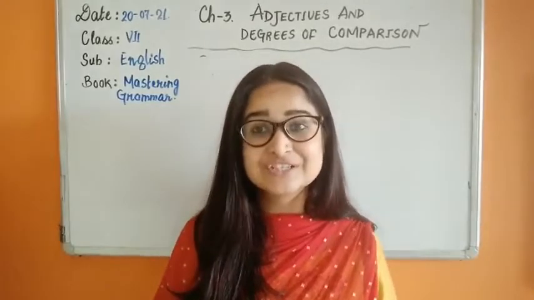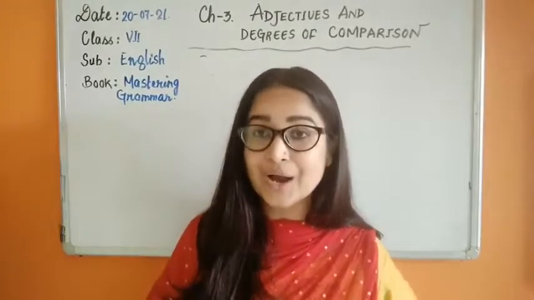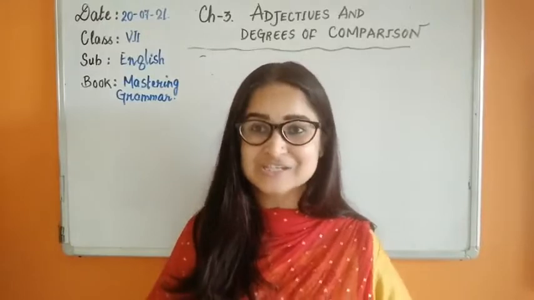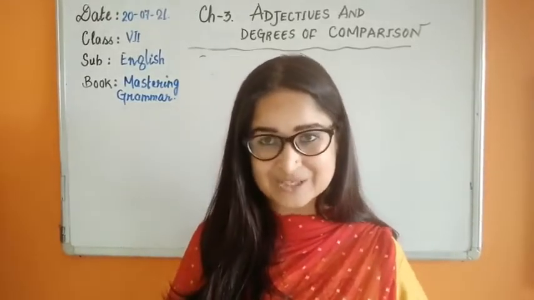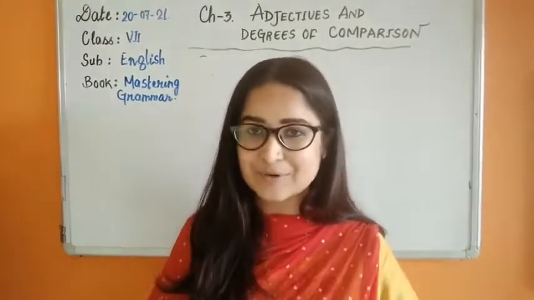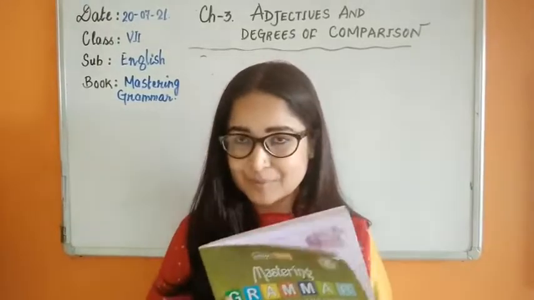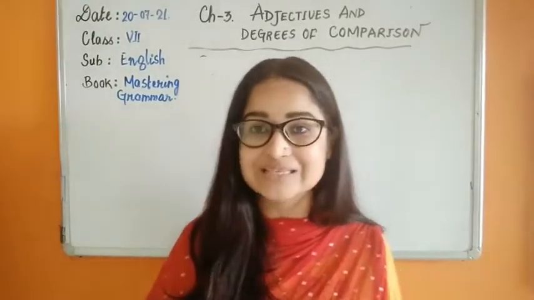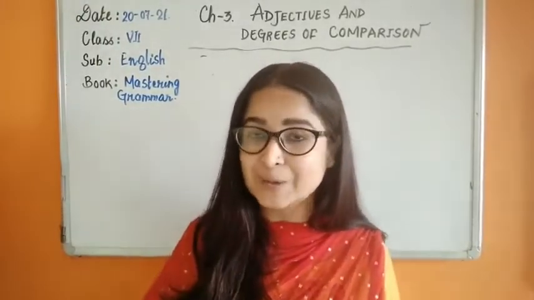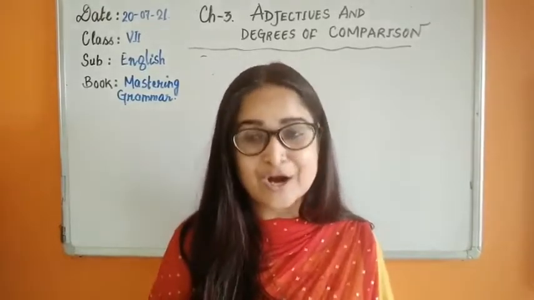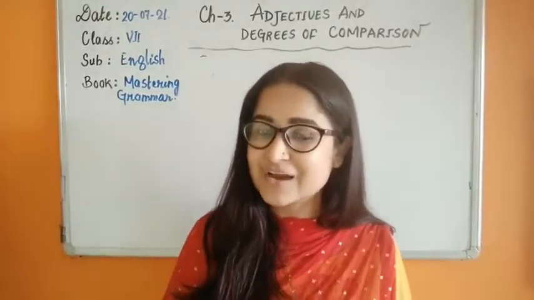Children, for today's English lesson, we are going to continue with the adjectives and degrees of comparison chapter, the third chapter from your Mastering Grammar book. In our previous video lessons, children, we had learned about what adjectives are and what the different kinds of adjectives are.